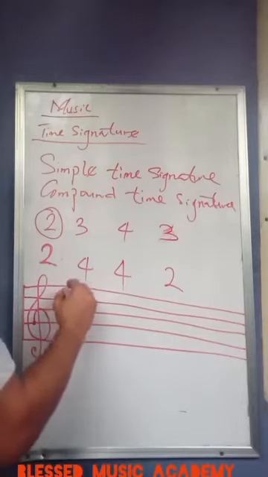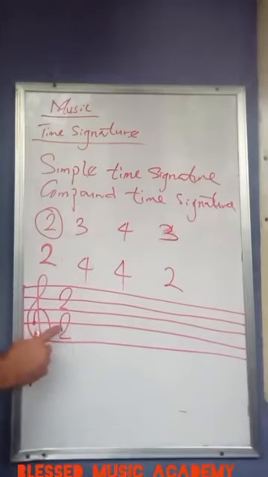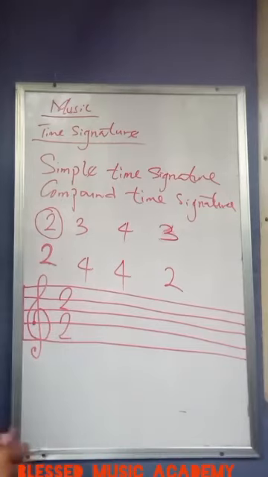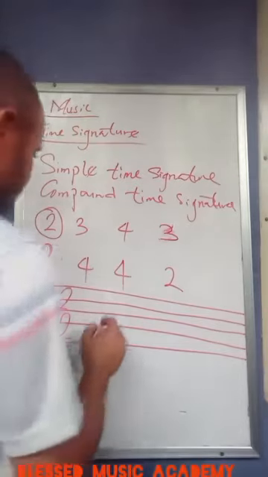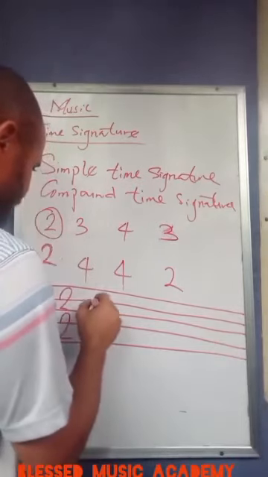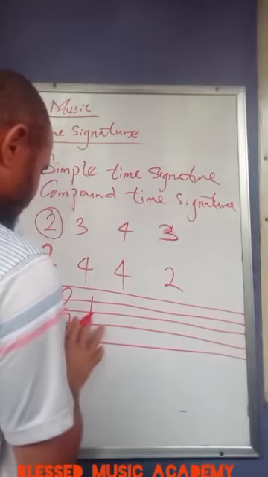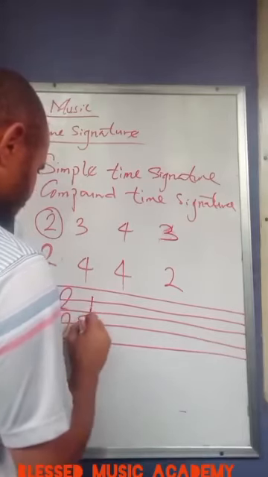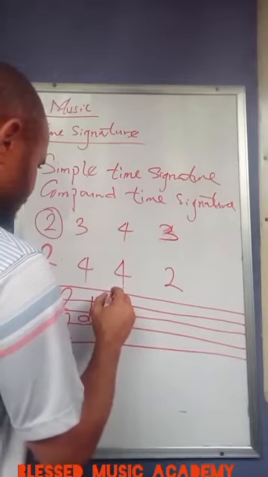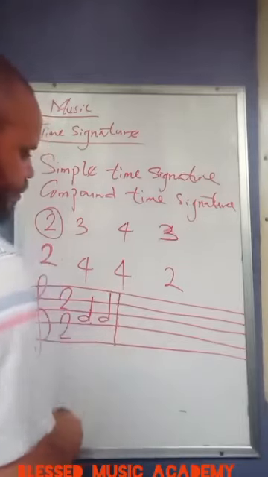Let me say 2 2. What it means is that in each bar you must have 2 minim beats. I have my bar here, so this is my minim. This is my minim. I close my bar.